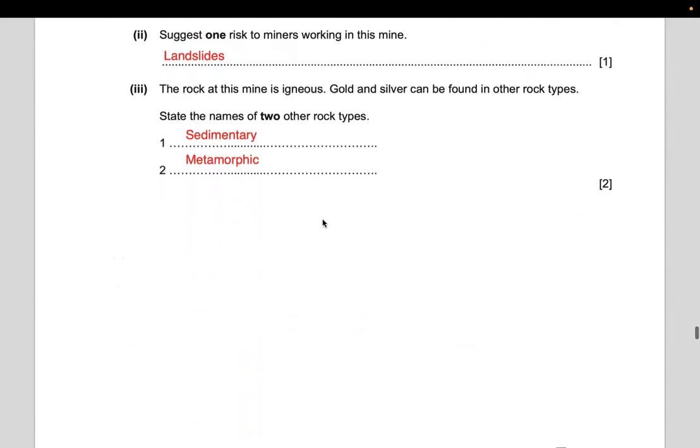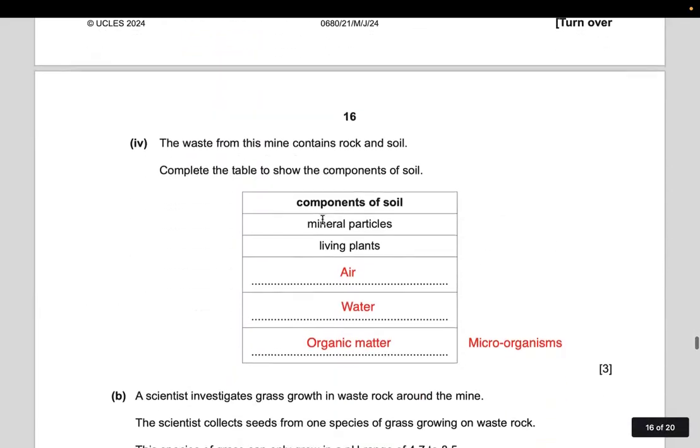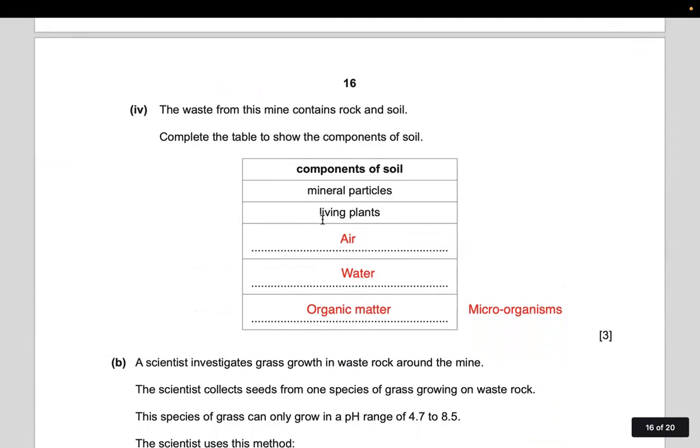Name 2 other types of rocks. Easy peasy. This was an annoying question. Components of soil, right? What do we learn them as being? Minerals, organic matter, air, and water. But they've already put minerals and they've already put living plants, which are organic matter. So I was like, well, it can't be organic matter.